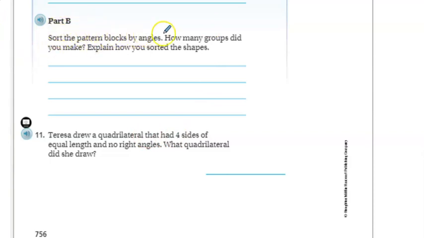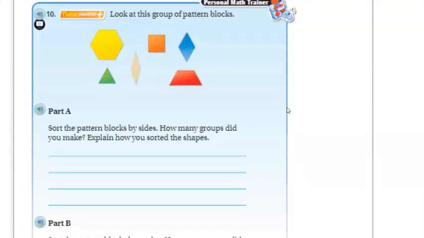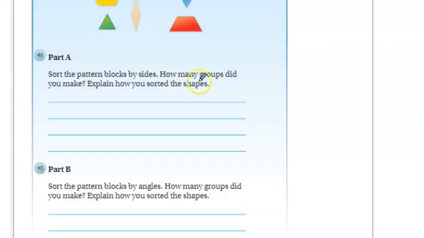Part B, sort the pattern blocks by angles. How many groups did you make? So now you have to go back and do angles. All right, so pause the video. I'm going to sort mine by angles and you sort yours by angles. Okay, so for the angles, I came up with 2 different groups.